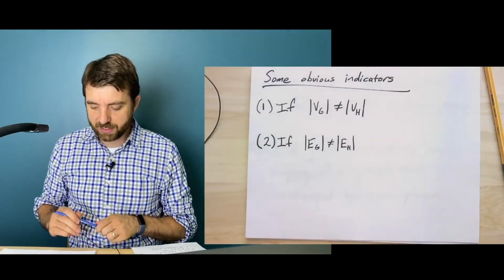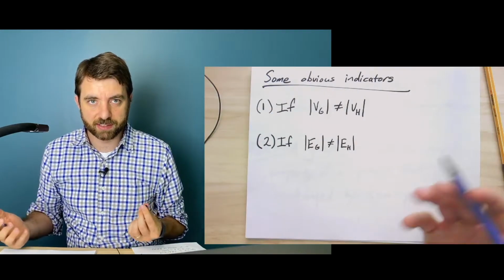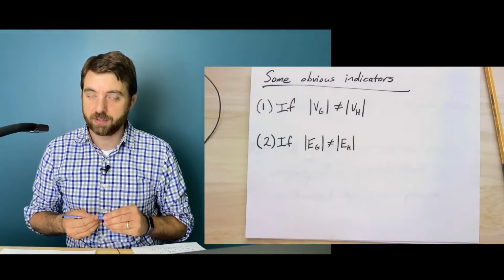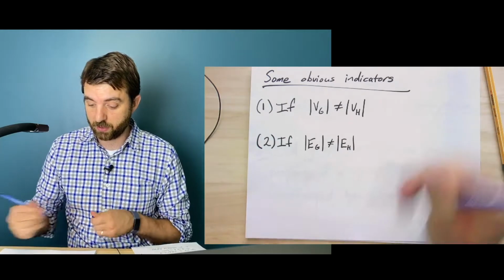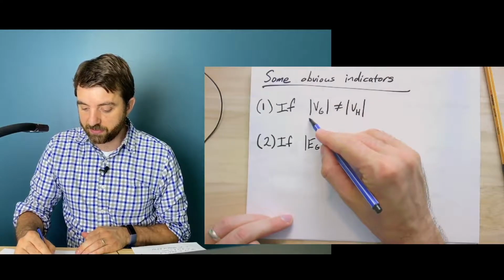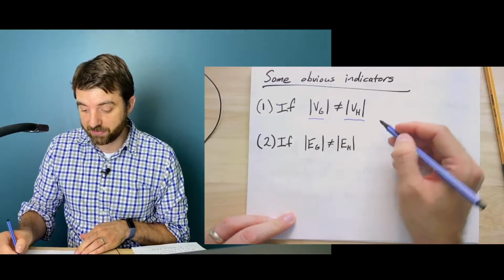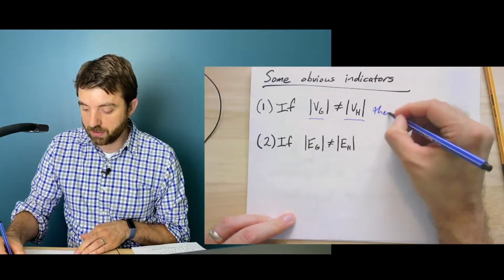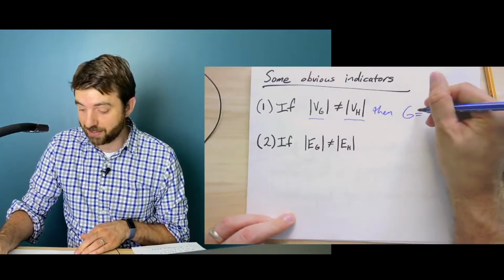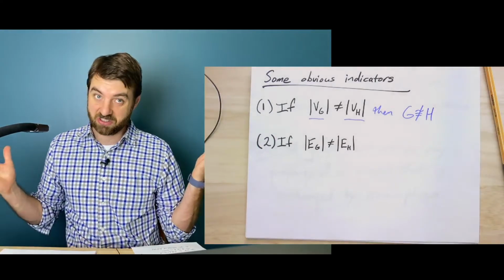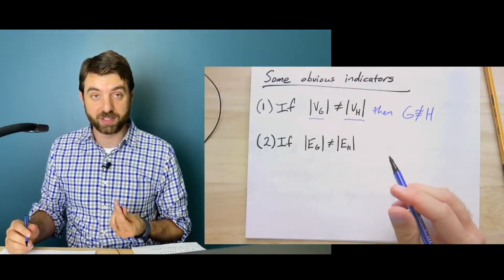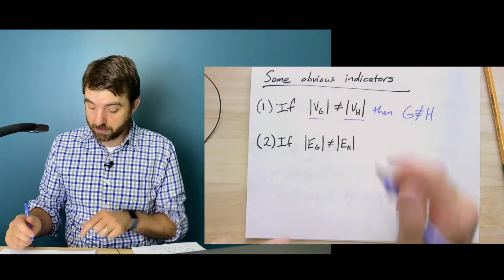If you just see that the vertex sets have different sizes, then there's no way there's a bijection between them. So if the size of the vertex set of G is not equal to the size of the vertex set of H, then G can't be isomorphic to H, because there just won't exist a bijection on the vertex sets.